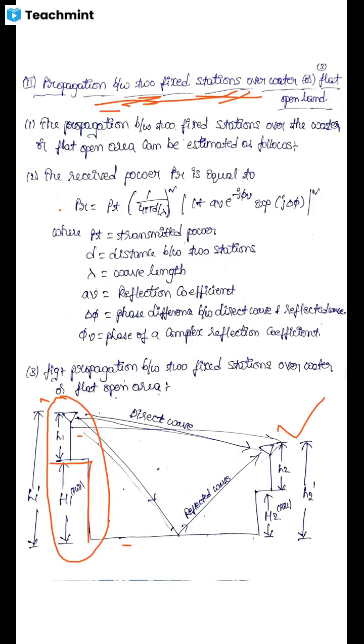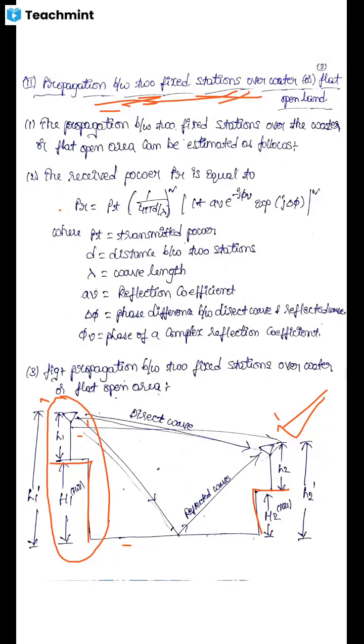And on the other side, above the flat area, above some land area at a height of H2, or consider a hill H2, an antenna of small h2 is placed. Now we will study the propagation of wave between these two fixed stations, that is h1 and h2.